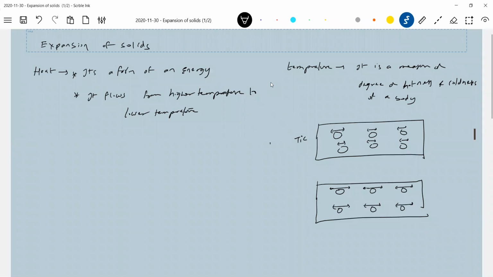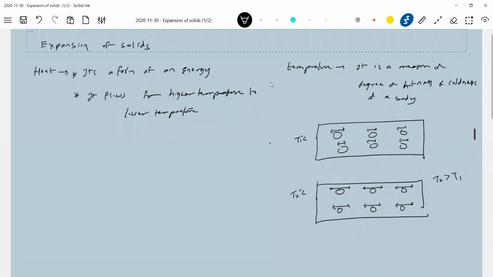What do you mean by amplitude of vibration? Earlier, for one temperature, it will be like this. Now, as I increase temperature, it will have more amplitude of vibration. So T2 is greater than T1. As we increase temperature, the amplitude of vibration of atoms about their mean position will increase.